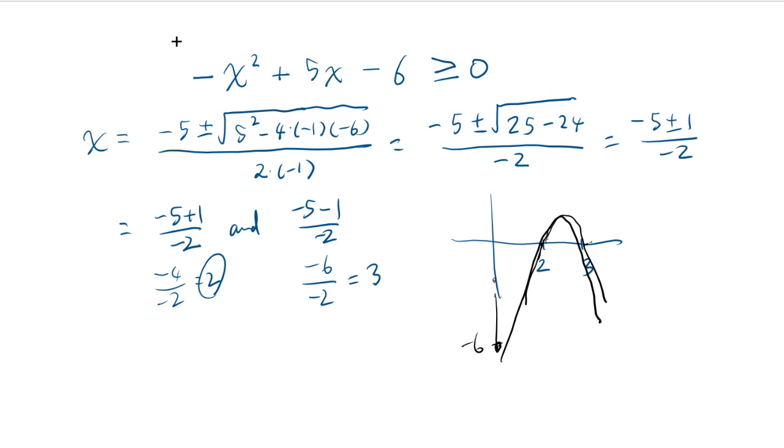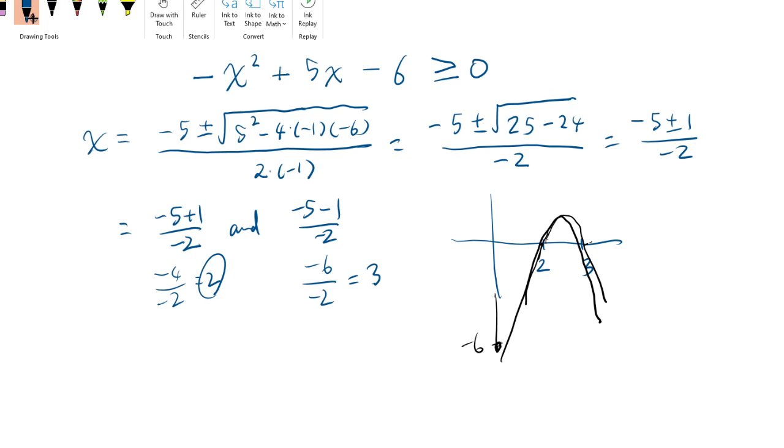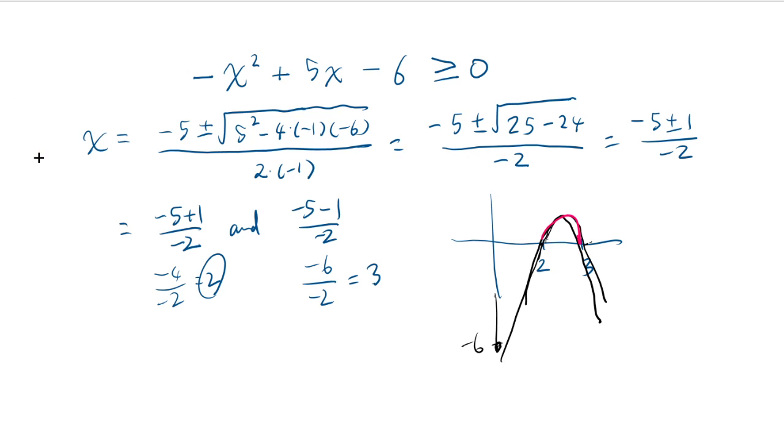So you get this upside down parabola, and because you're looking for the place where it's greater or equal to 0, the portion of the graph which is bigger or equal to 0 would be above the x-axis, which is this much. So it's between 2 and 3. And because this is including the equality here, the solution should be between 2 and 3. And in terms of interval notation, it'll be 2, 3 with closed brackets.